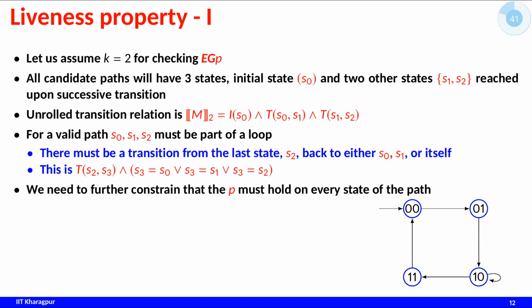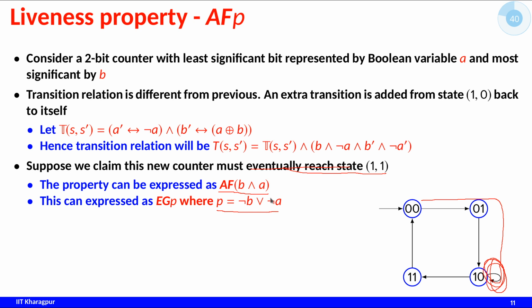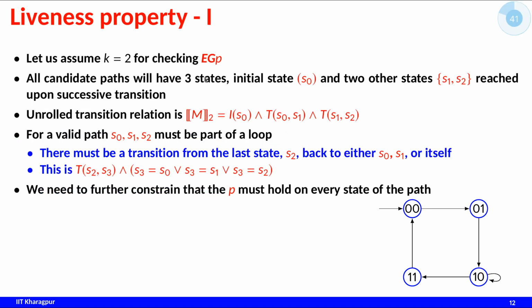In order to verify this one, we would like to check the validity of this property for 2 time steps. So all candidate paths will have 3 states as before, the initial state and 2 other states, S1 and S2. The unrolled transition relation will be the same as the previous one. So a valid path will have these 3 states.